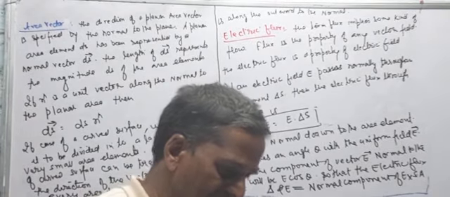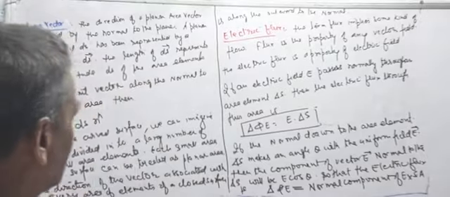So delta phi E equal to E delta S cos theta.